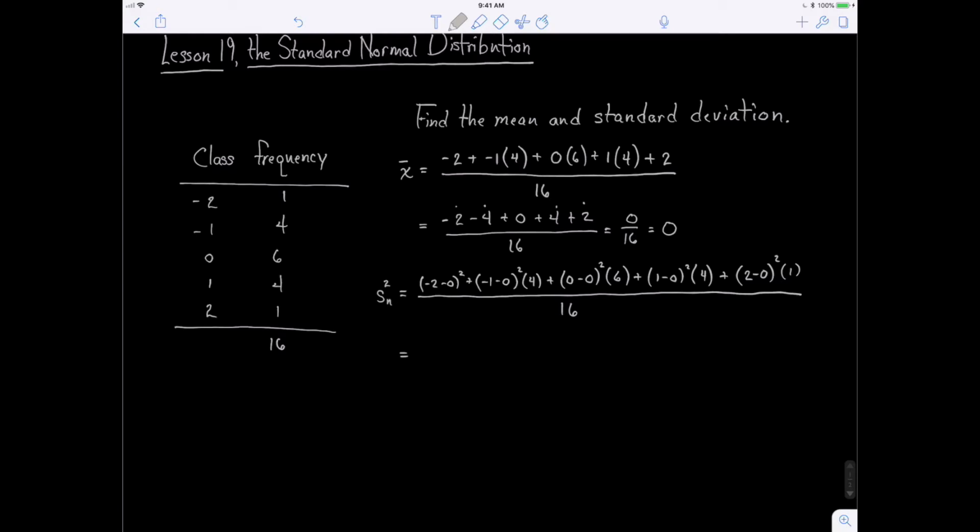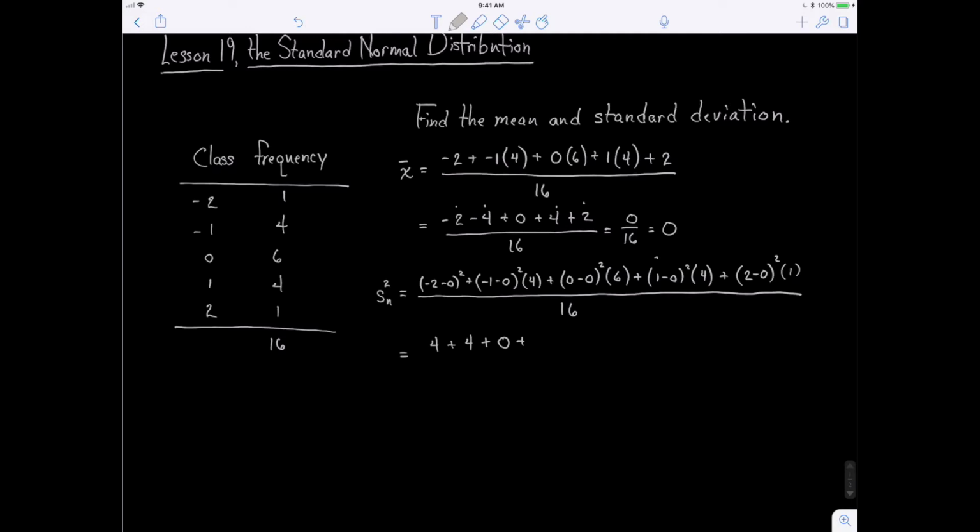So, -2 minus 0 squared is going to be a 4, plus -1 minus 0 is -1, but we square it to get 1, we multiply it by 4 and we get 4, plus the 0 minus 0 is 0, we square it, it's 0, we multiply it by 6 and it's still 0. Look at that. Plus, our next one is 1 minus 0, that's 1.